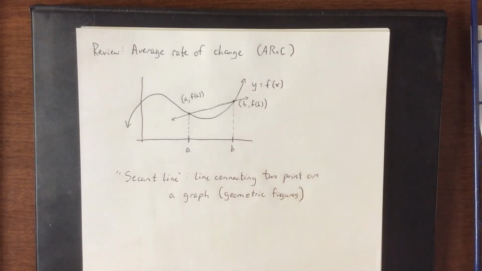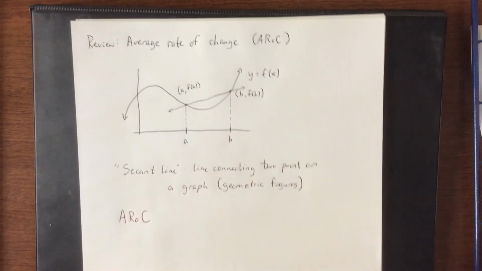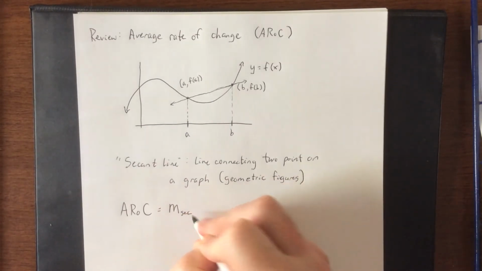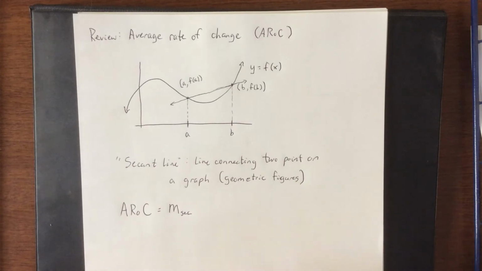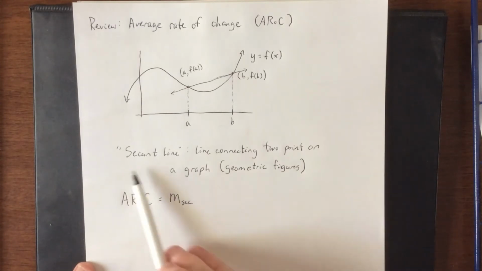But we'll save that for later on in the semester. The average rate of change, as it were, is going to be the slope of that secant line. We typically use M to represent slope, and we'll use SEC to represent the Southeastern Conference of College Football, or, secant.